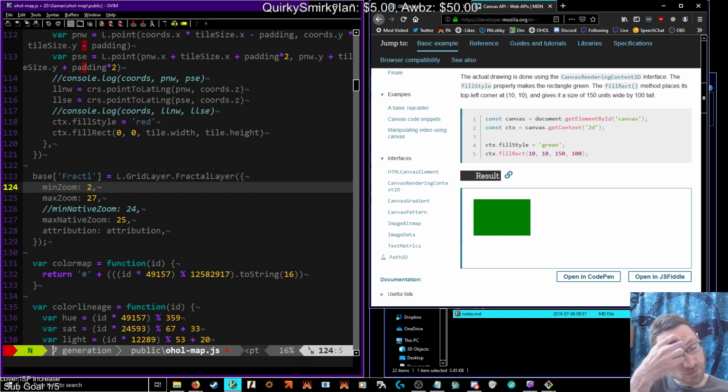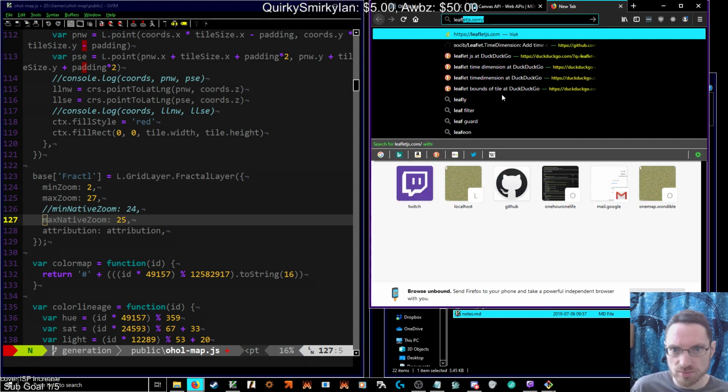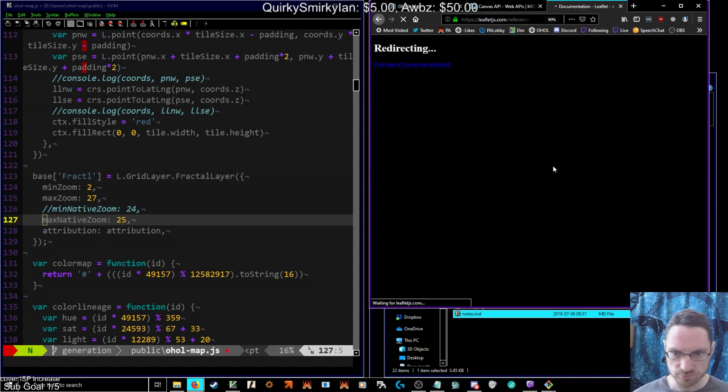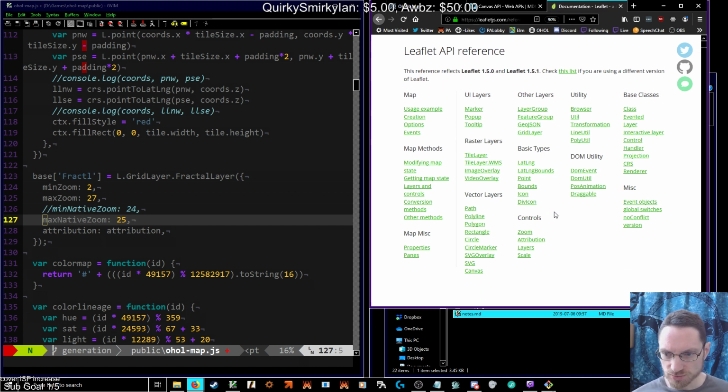Well, for biomes, maybe. Now, this is going to have a native zoom. I don't think. This is going to be kind of sort of a raster layers.